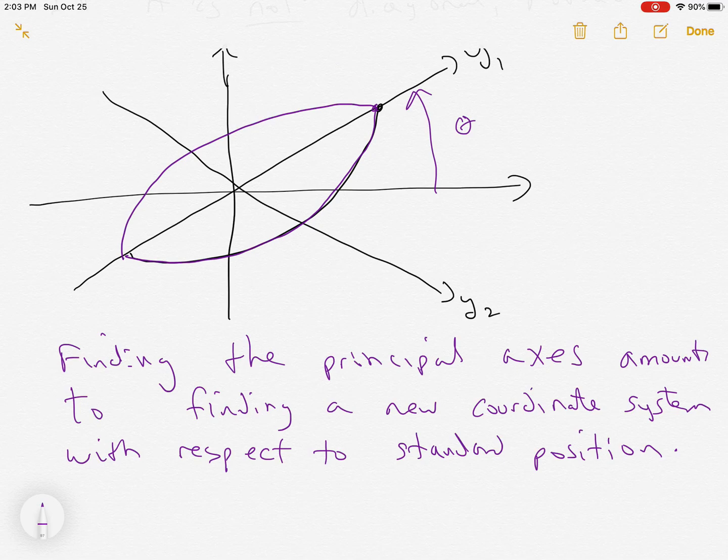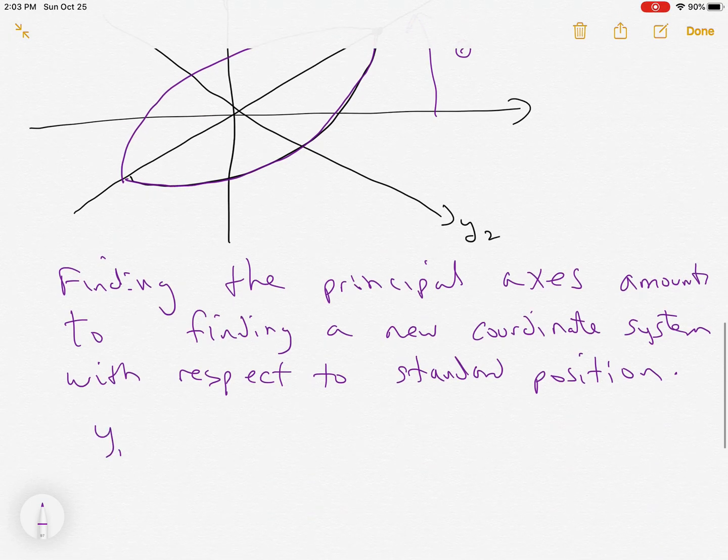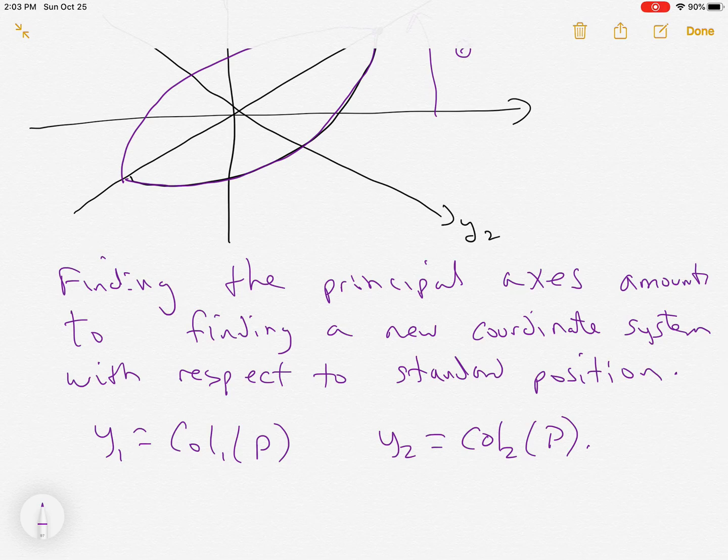And well, I mean, y1 is column 1 of P, and y2 is column 2 of P. They're just the eigenvectors corresponding to A.